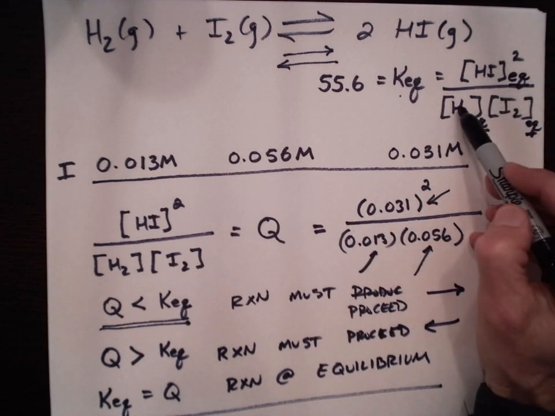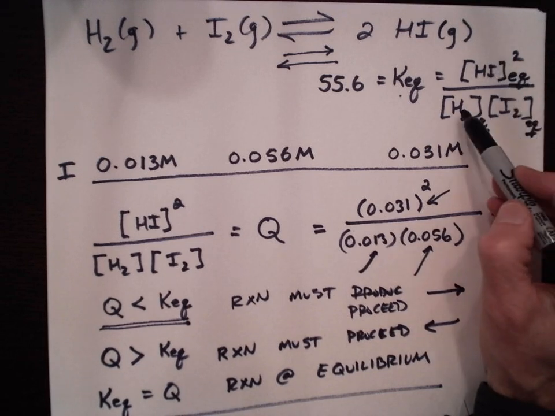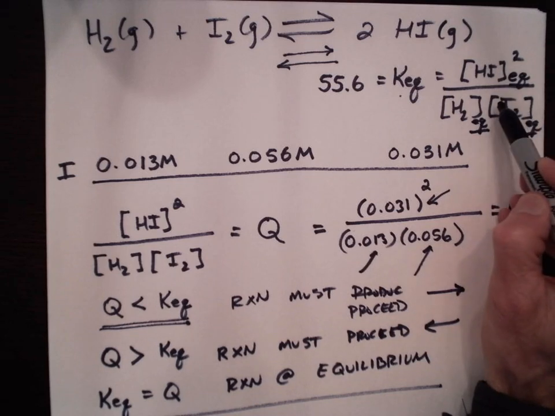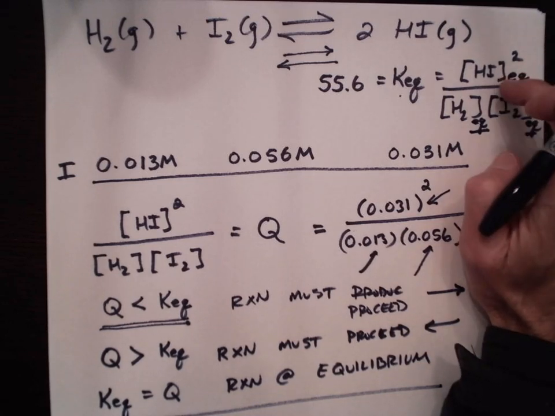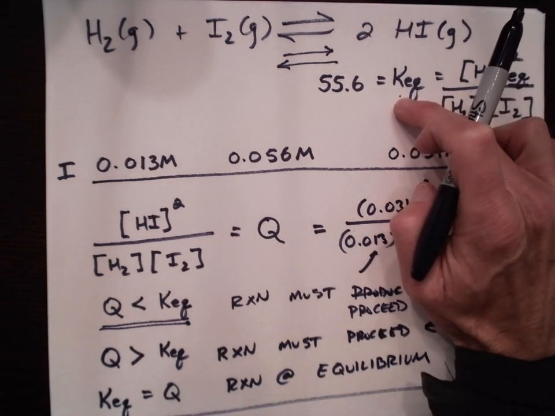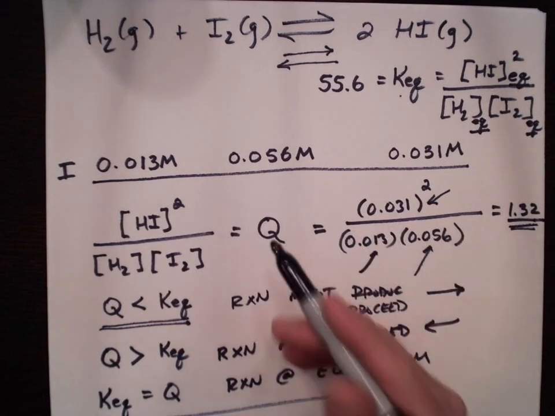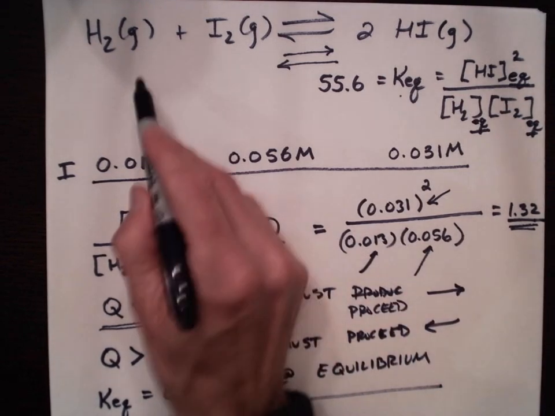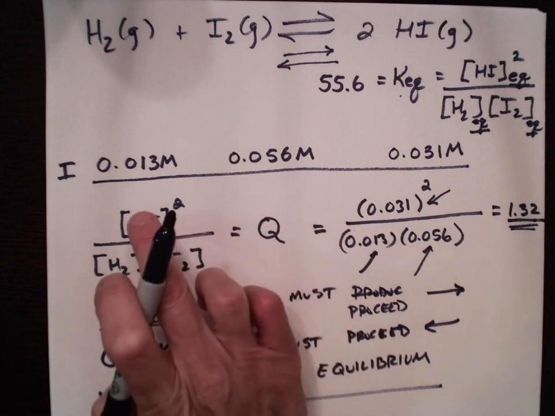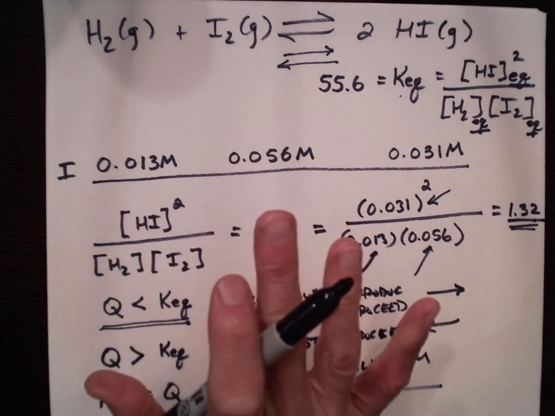So this ratio only applies when the reactants and the products are at equilibrium. So we can only put equilibrium values into these concentrations when we're dealing with K. Q, in this form, we can put in any old thing, as long as it's respective to this reaction. We can put the values of HI, H2, and I2, whether the reaction's at equilibrium or not.